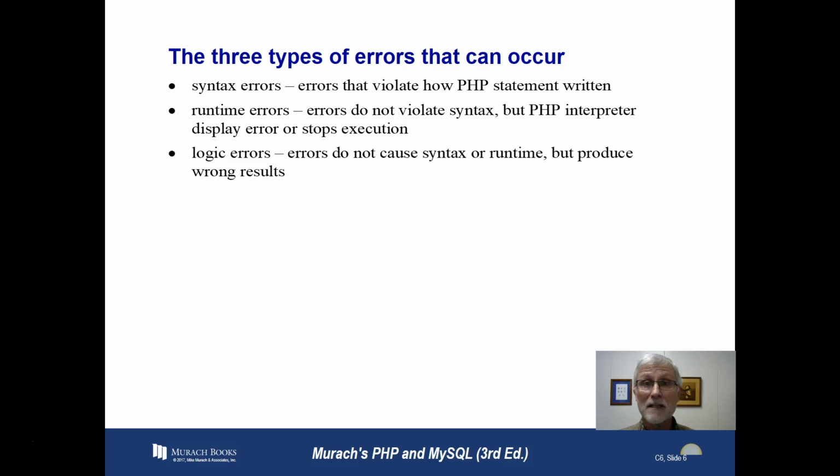They don't violate syntax, so the syntax is clean, but either the PHP interpreter gives you a displayed error message or it stops execution. The hard ones are when I don't get a displayed error and it just stops execution. So you think it ran, but you know it didn't finish, and it didn't tell you why. Those get a little hard to detect.